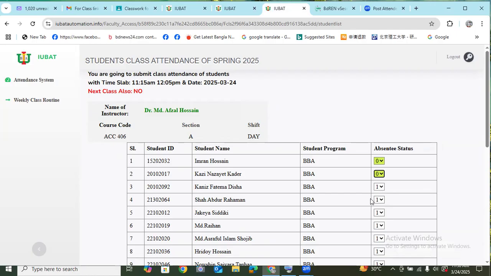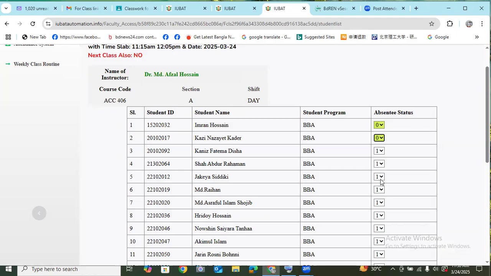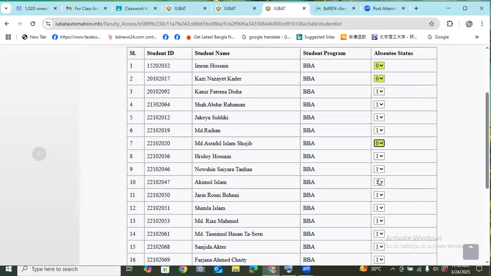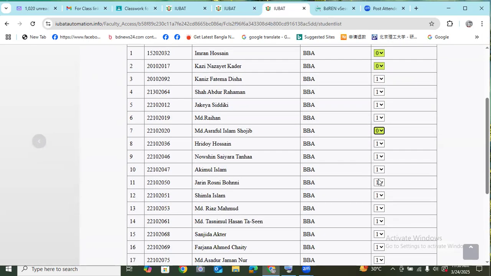Shah Abdul Rahman, present. Jakia Siddiqui, present. Raihan, present. Ashraful Islam Shojib, are you there? Absent. Ridoy Hussain, present. Naushin Saira Tanha, present.